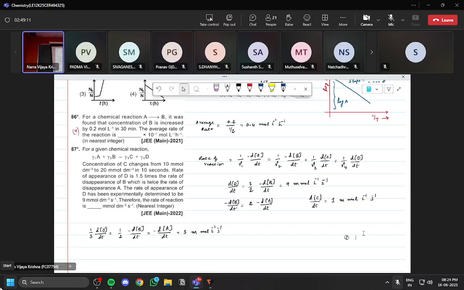What is the rate? 3, yeah? Check the answer. I don't know. Check the answer given. The answer is given as 1. They have not given it as 3. They gave the answer as 1. Means something is wrong. What is it? Why? Maybe.